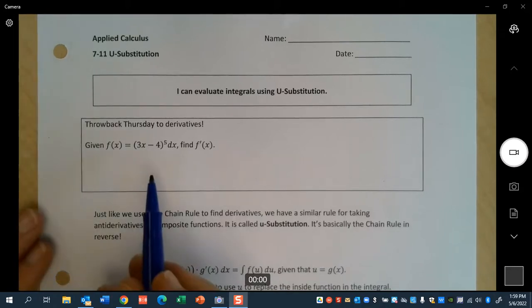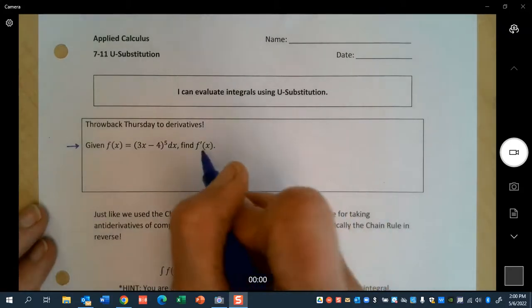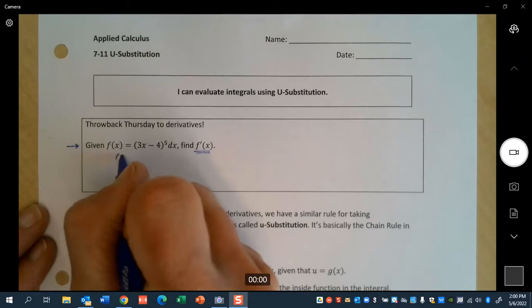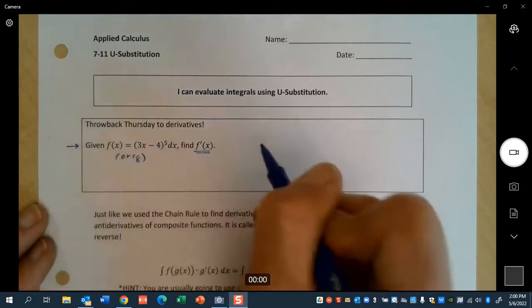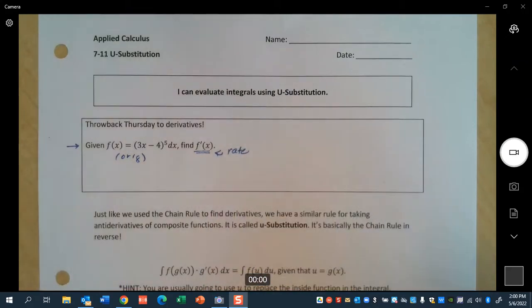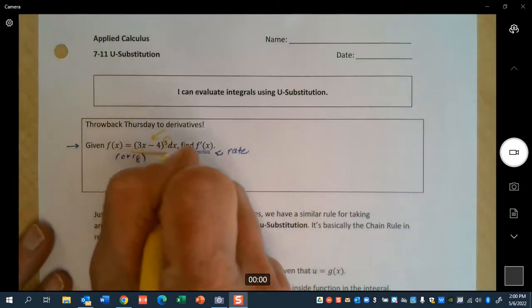So if we were given this as your original function and somebody's asking you to find the derivative, which is the rate, how would you go about doing this, and what is unique about what you see here?